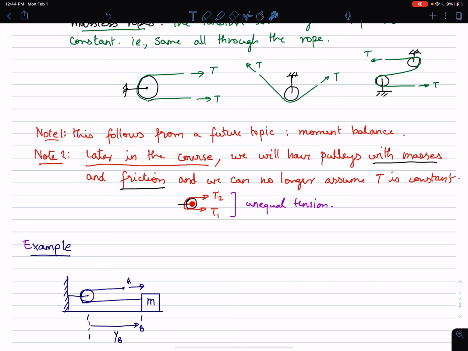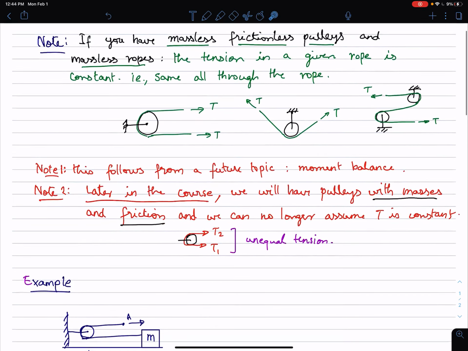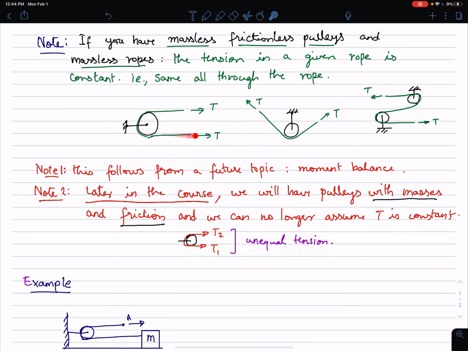If the pulley has mass, then the tension on this side might be different from the tension on this side. So that's possible, but that's only when the pulleys have masses and or friction. If the pulleys have neither, and the ropes are massless, then the tensions remain the same. So this is what we will do for the first half of the course, and then in the second half of the course, we will talk about this.